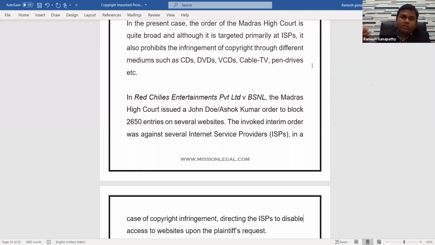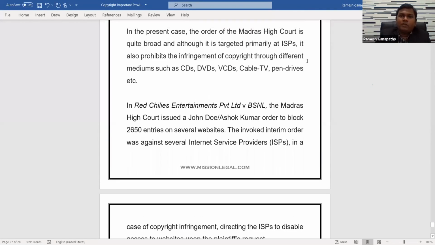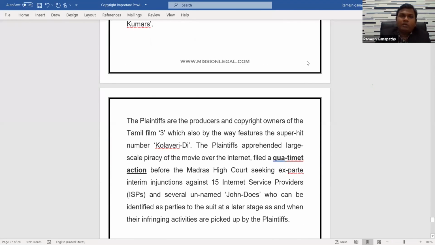It went ahead to the CD, DVD, for example, if you have a Pandi Bazaar or a Karma Bazaar, they sell CDs. The court wanted to ensure that even the CDs cannot be sold. So that is the power of the John Doe order. The court passed such an order. This is the first ever John Doe order in the Madras High Court history.